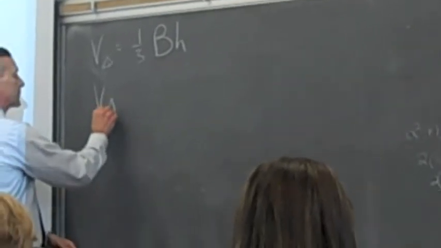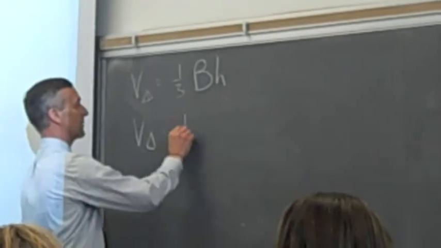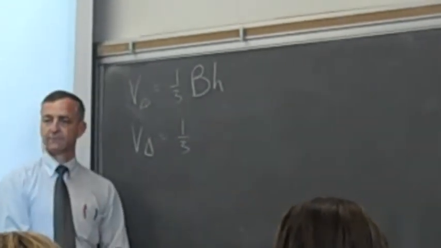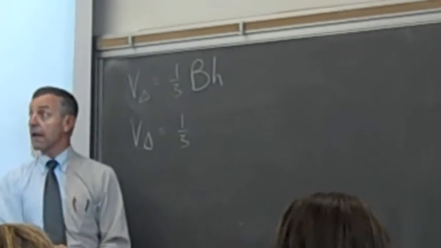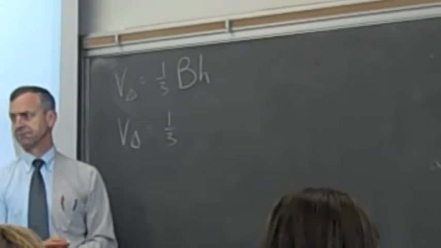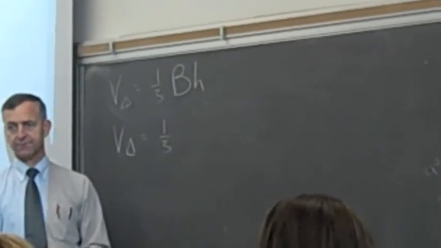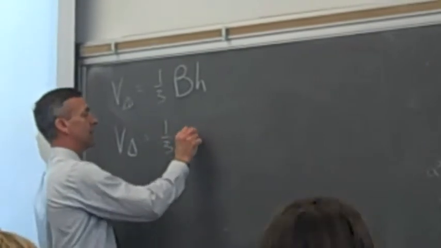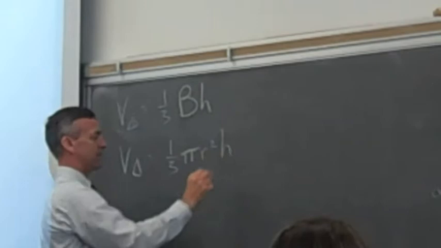Likewise, if we do a cone, it's going to be 1/3 what? Capital B times h, right? It's just that the capital B on a cone is what? A circle. So what's the base area of the circle? Pi r squared h, right?